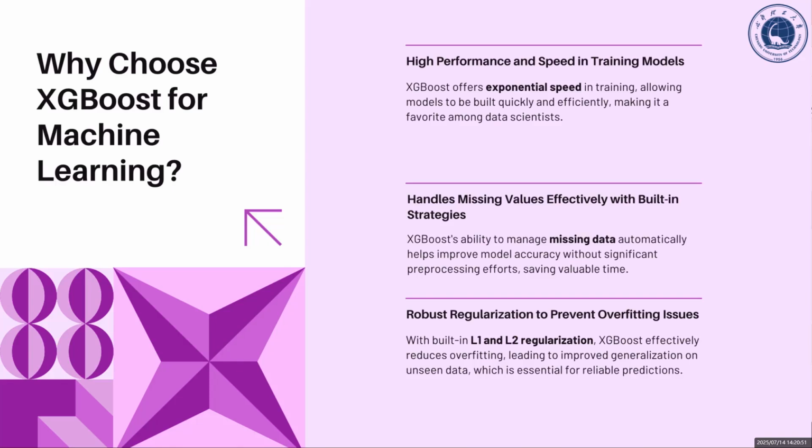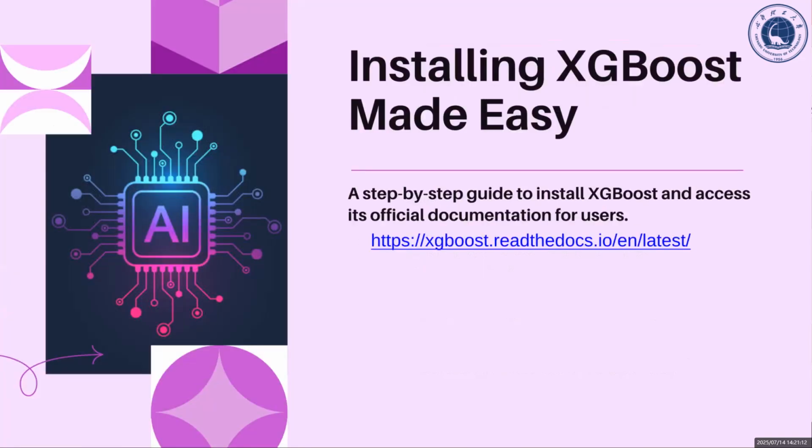Another reason is its robust regularization to prevent overfitting by using L1 and L2. This helps us to reduce overfitting, leading to improved generalization on unseen data, which is very important for reliable predictions. How to install XGBoost?